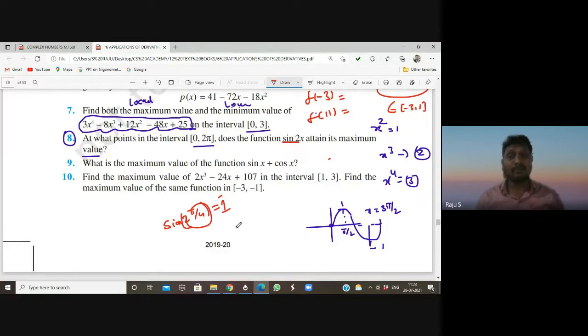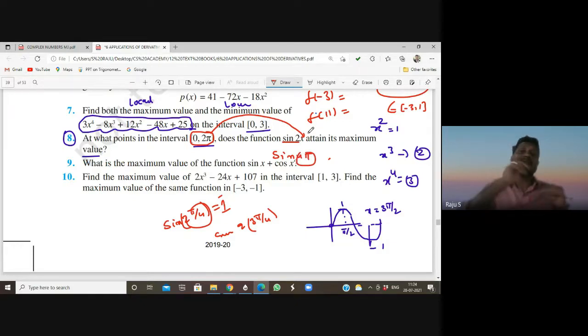Minimum value: sine 2 into x, where x is 3 pi by 4, that is 135, 2 into 135 is 270. And also any other values till 2 pi. When I substitute 2 pi in place of x, we get sine 4 pi. 4 pi means 720. From 0 to 720, at 90 it is the maximum value.